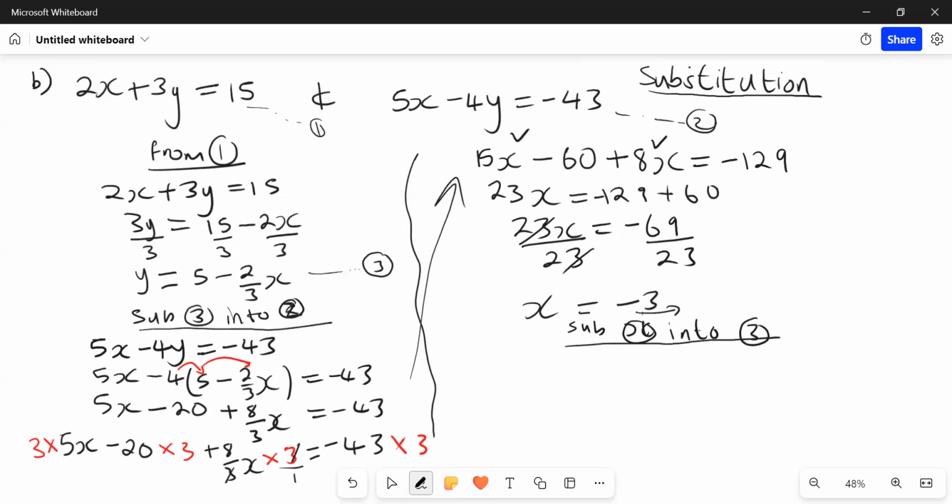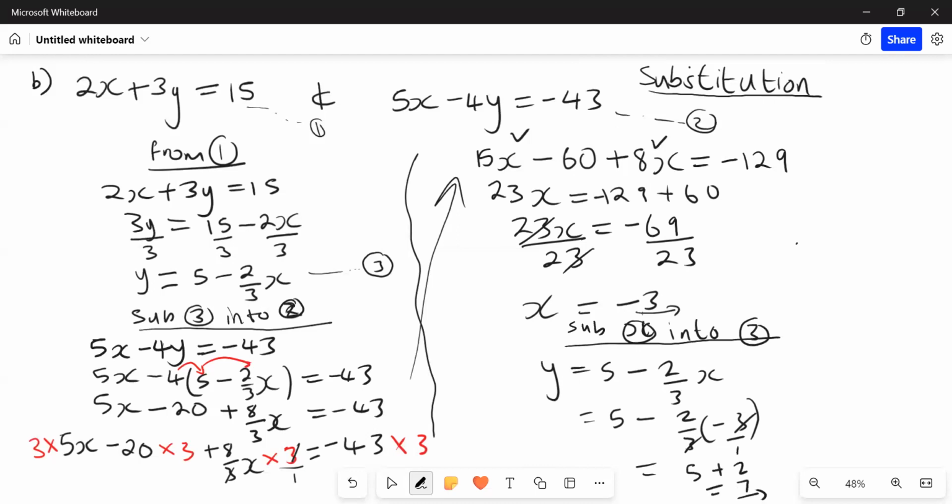Our equation 3 is y equals 5 minus 2 over 3 x, which equals 5 minus 2 over 3 times negative 3. Obviously the 3 and 3 will cancel, and negative times negative gives us positive. We get 5 plus 2, which equals 7. So therefore our y equals 7 and our x equals negative 3.